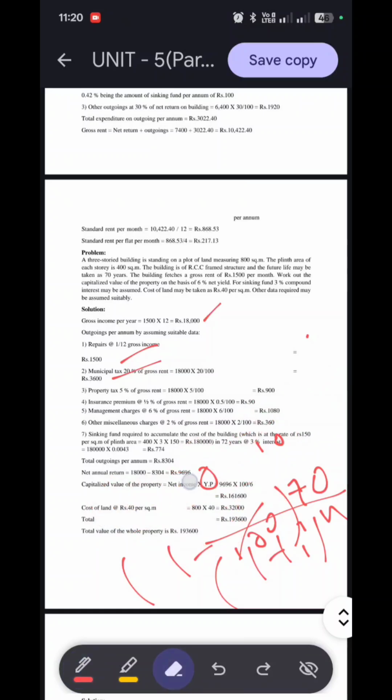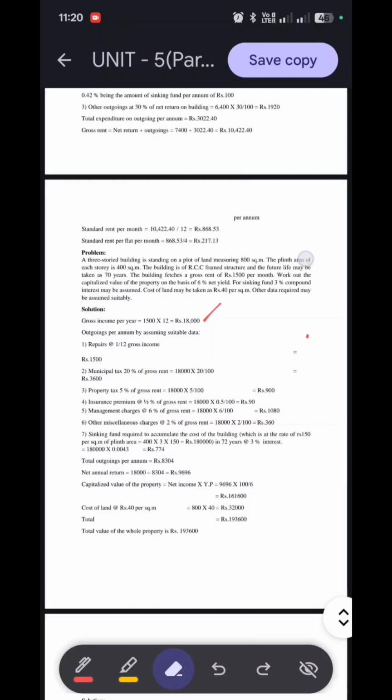Okay, total outgoings are added one by one. First add 1500 repairs, plus municipal tax 3600, plus 900, plus 90, plus 1080, plus 360, plus the last 774 rupees. So total outgoing per annum is 8,304 rupees.